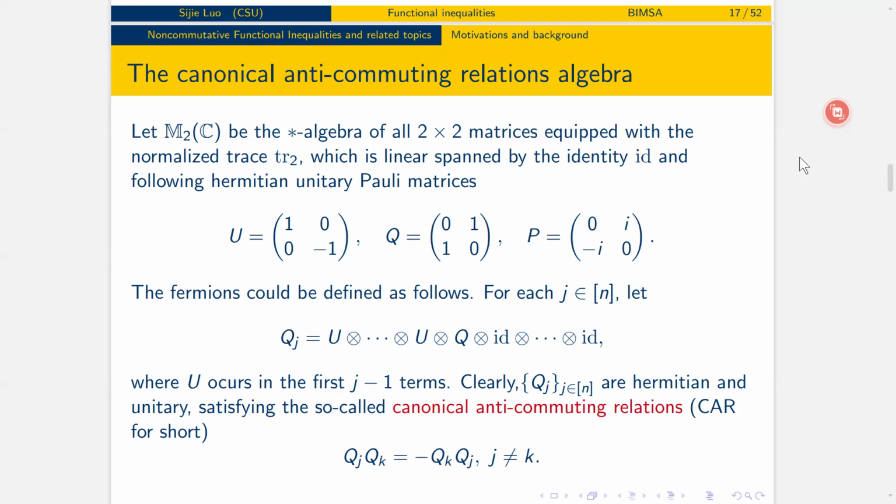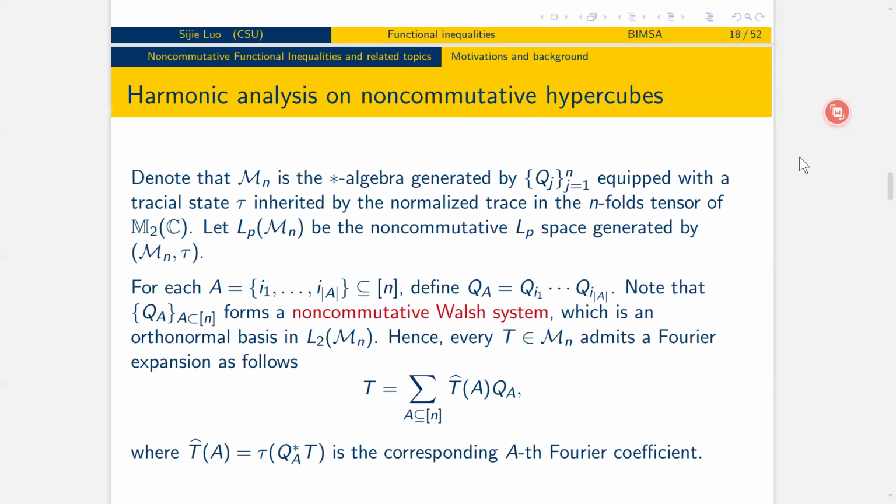Then we can use them to generate a Walsh system, which we define as follows. For every A, we order A in increasing order. Then q_A means the product of q_{i1} to q_{i_|A|}, where |A| is the cardinality of A. Together, these q_A give the orthogonal basis of L^2 of the CAR algebra.